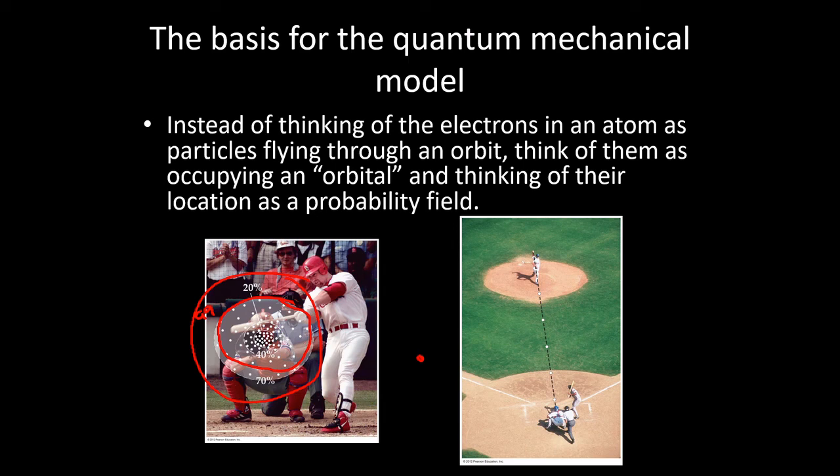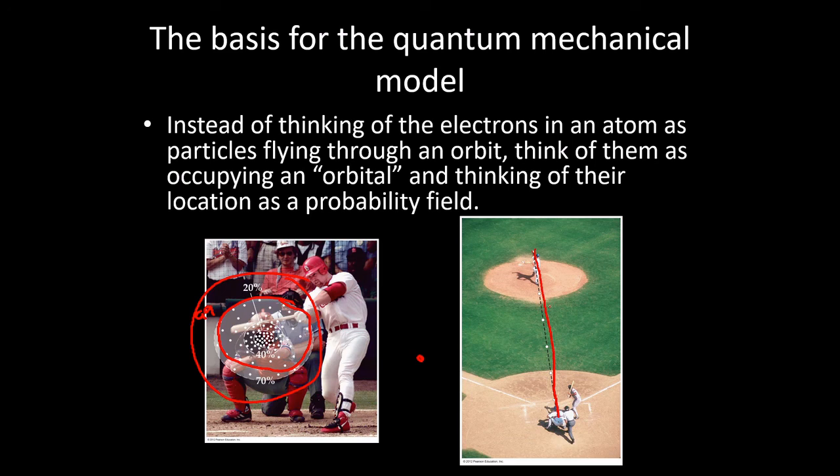So we think of things in terms of probability instead of thinking of them in terms of particles flying through a known trajectory. In baseball, you throw the ball and it moves along a very defined path determined by the friction of the air, the friction of the fingers of the pitcher that threw it, the amount of force put into the ball. There are all these factors that go into determining the trajectory of the baseball.